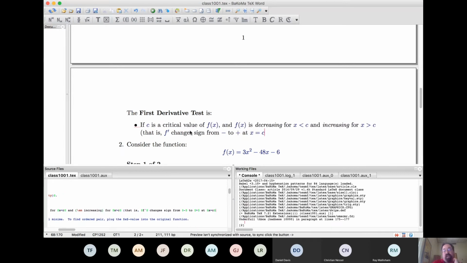By virtue of being a critical value, either the derivative is 0 or not defined there. So there may be a sign change at such a point.